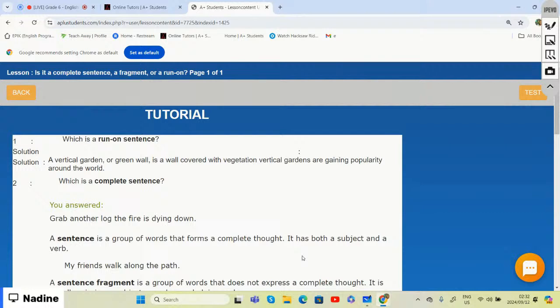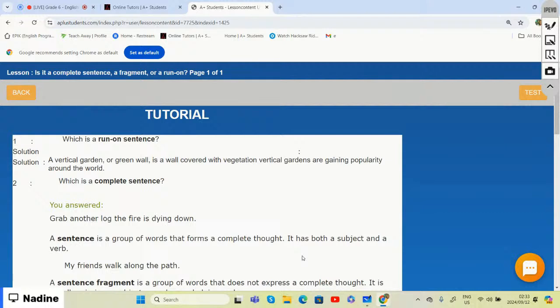We said a sentence expresses a complete thought, and it has a subject and a verb.